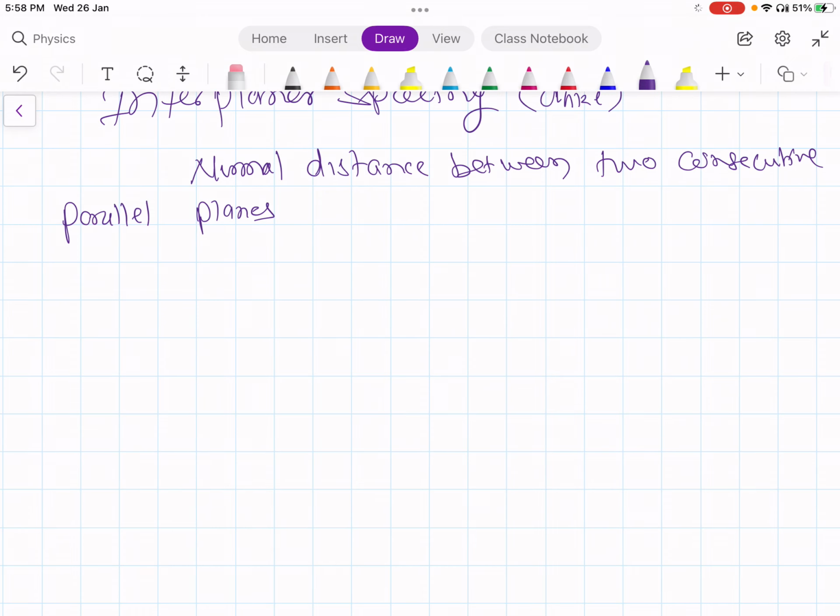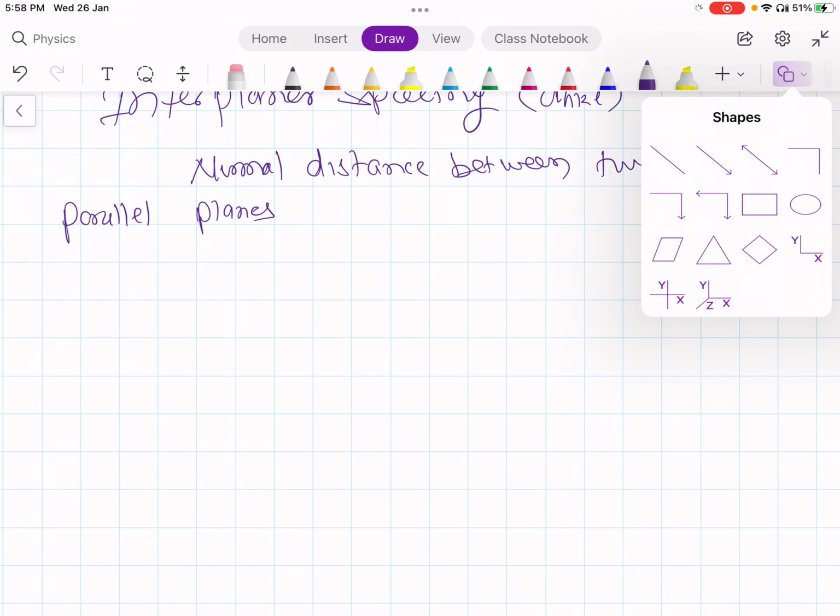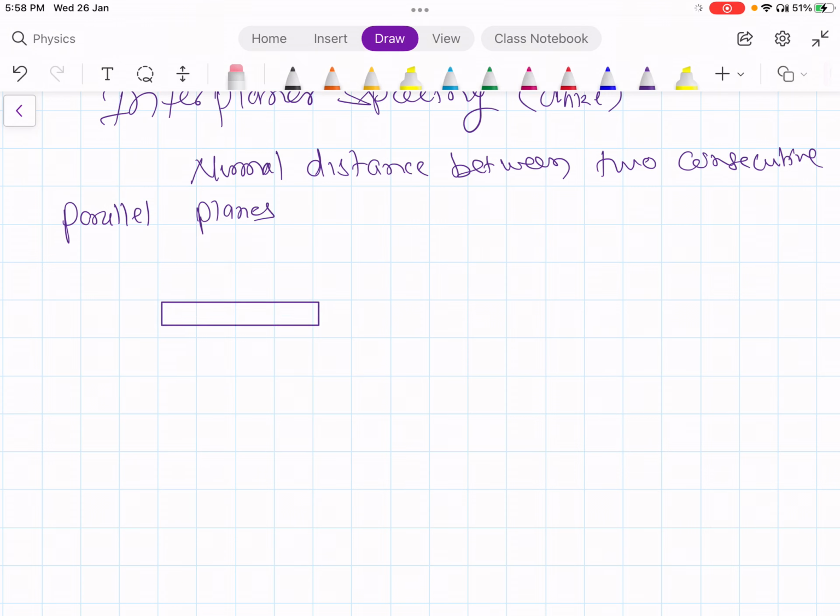Now to find the interplanar spacing, again I have to draw a unit cell. I will draw it in a slightly different orientation.